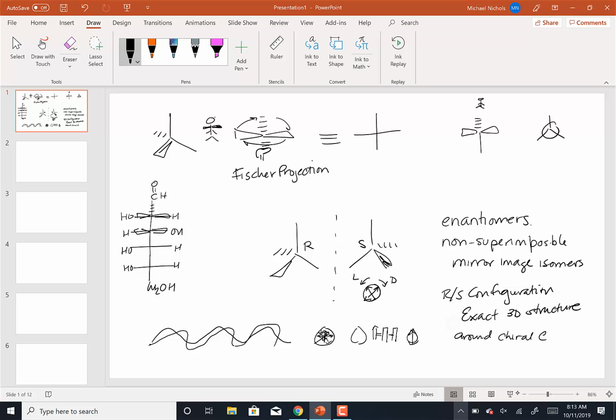So up here with a single chiral center, one of these is D and one of them is L. And the only way I know is to use the polarimeter.